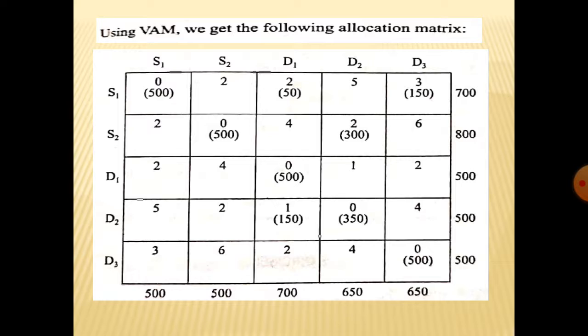How to solve the VAM method? We have to find out the penalties first. Okay, I'll repeat again. You go through the previous classes, how I have solved the VAM method for basic feasible solution. In the same way, we have to solve it.